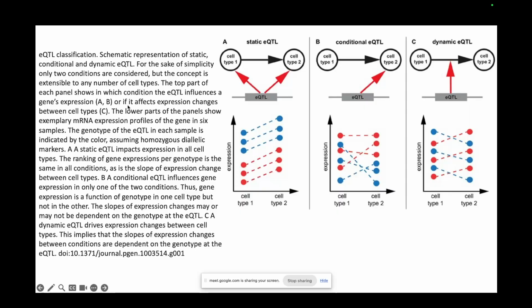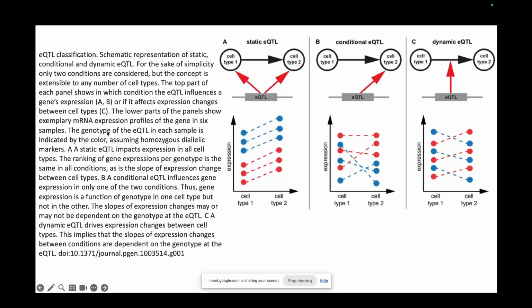The B part shows how the eQTL either directly contributes to each of the cell type gene expressions, or contributes to only one. The first is the static one and the second is the conditional one, right? The lower parts of the panel show exemplary mRNA expression profiles of the genes in 6 samples.